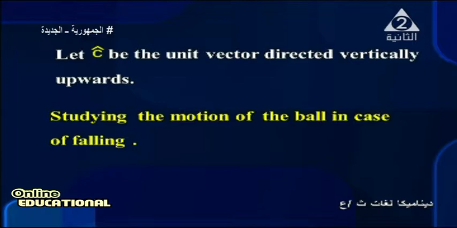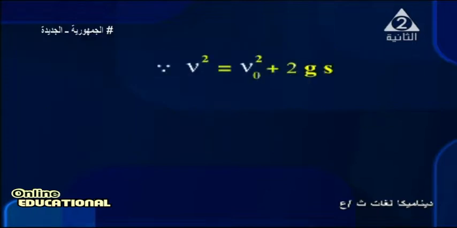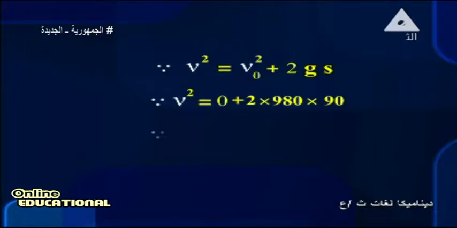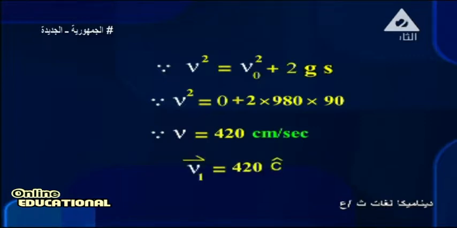The velocity v² equals v₀² plus 2gs. Then v² equals 0, where 0 is the initial velocity, plus 2 times 980, which is g, times s, which is 90 centimeters. Then the velocity equals 420 centimeters per second. Now we can use the vector velocity v1 equals 420 c.